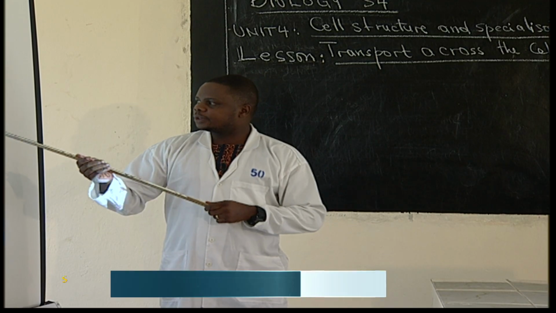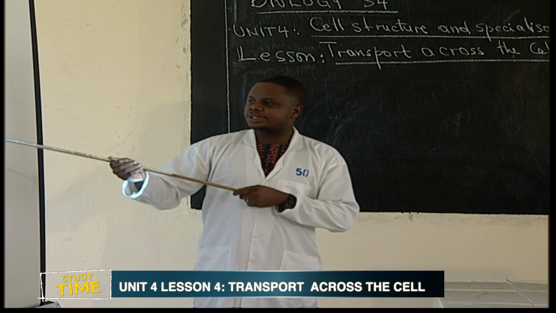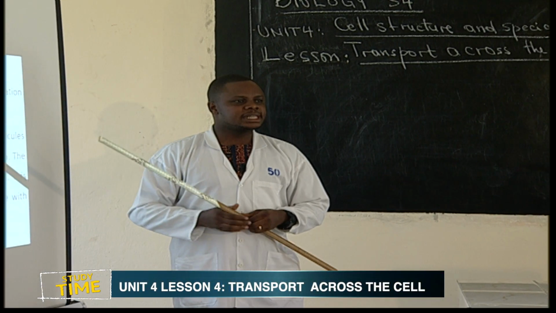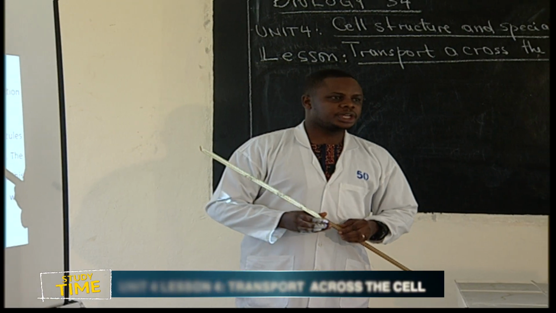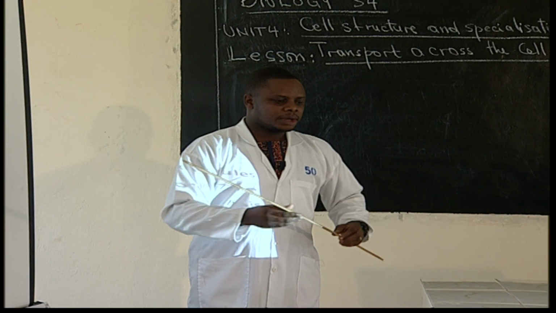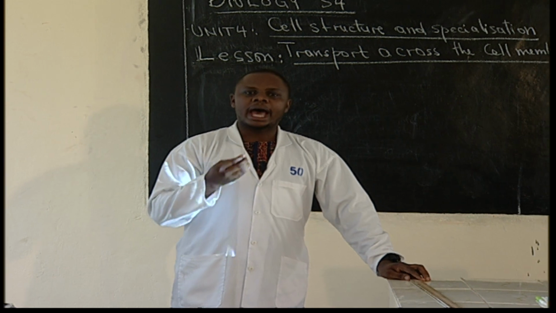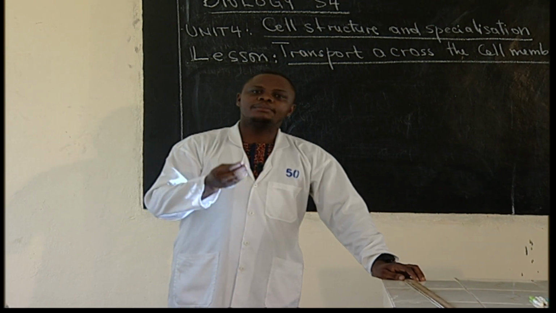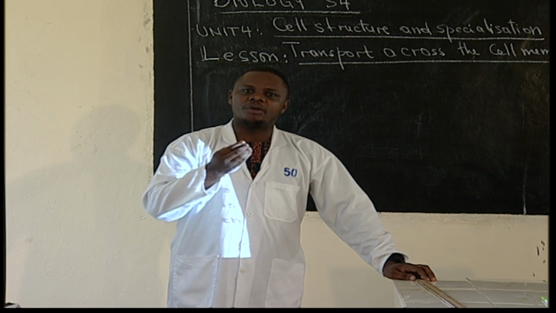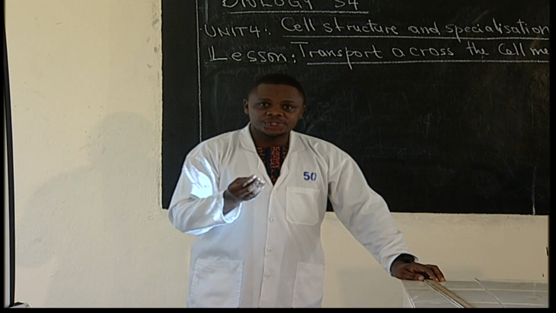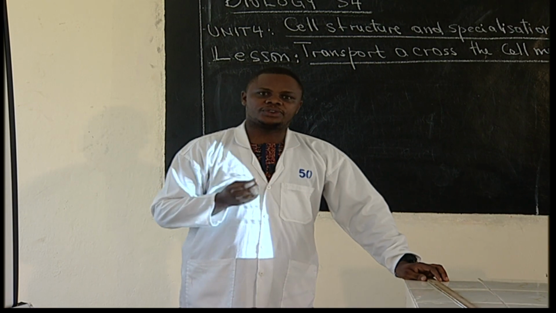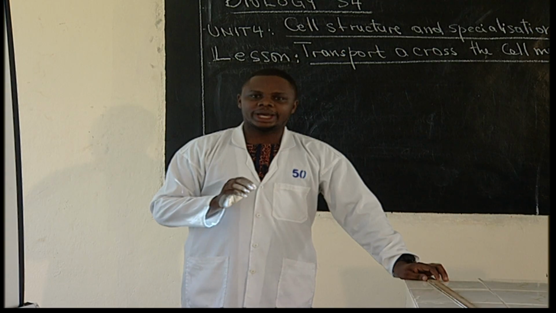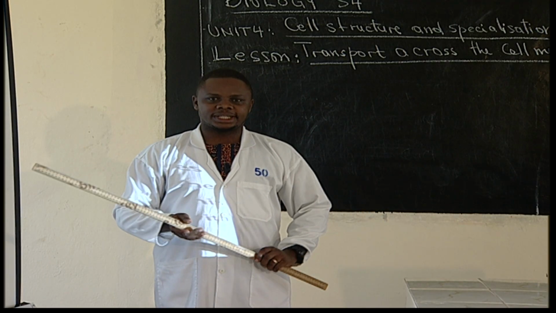This is the movement of molecules against the concentration gradient using energy from respiration. We can say active transport is the movement of particles or molecules from the region where they are less concentrated to the region where they are highly concentrated.